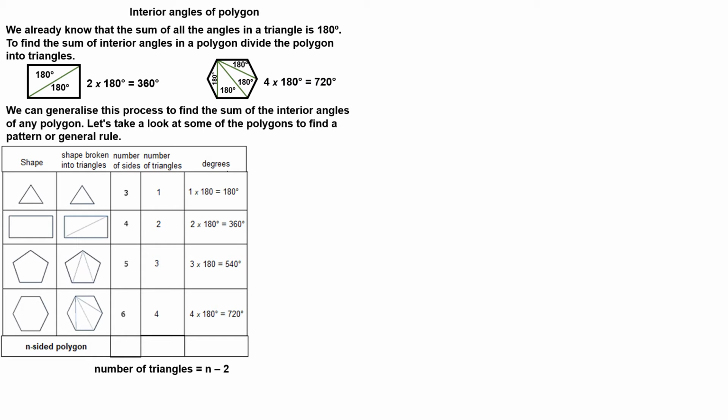The number of degrees inside the polygon can be found by multiplying the number of triangles in the shape by 180 degrees. For any n-sided polygon, the number of triangles is n minus 2, and the sum of the interior angles is (n minus 2) times 180 degrees.